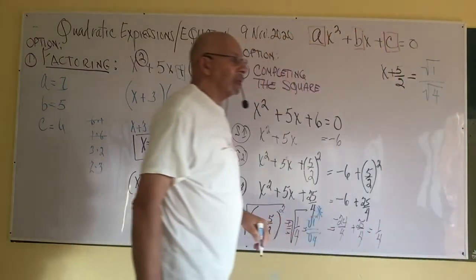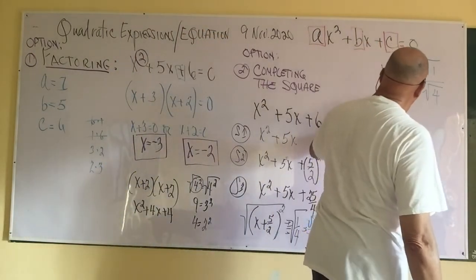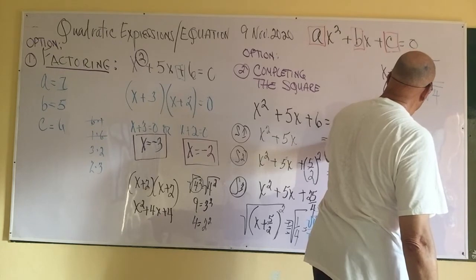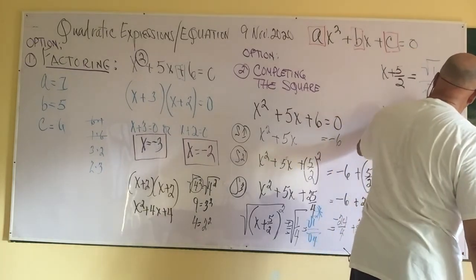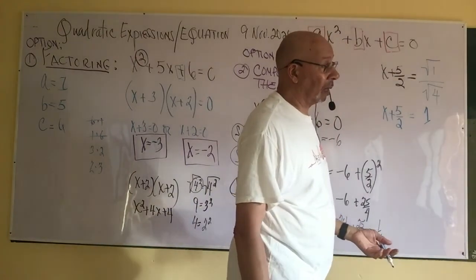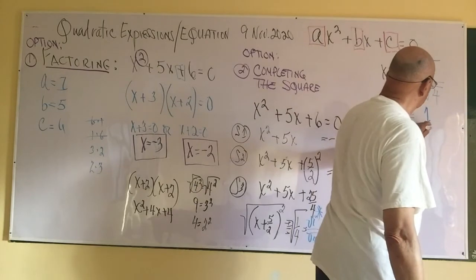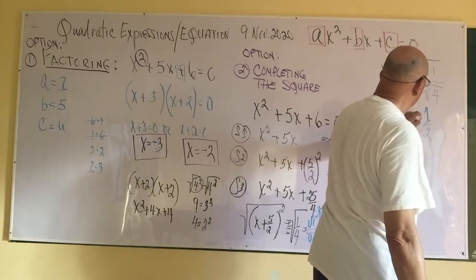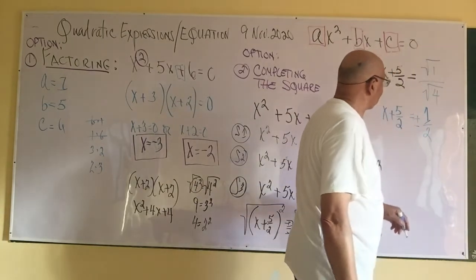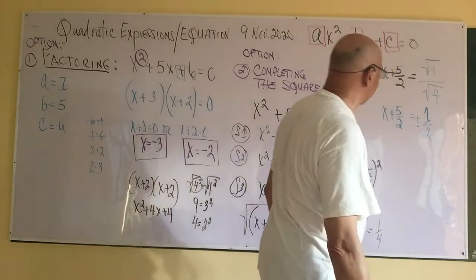So I say, well, what is the square root of 1? Well, that's 1. So I have x plus 5 over 2 equals 1. So the square root of 1 is 1. It's a plus or minus 1, but it's 1. Square root of 4 is 2. So now I have 1/2. Because I have plus or minus, I still end up with plus or minus.